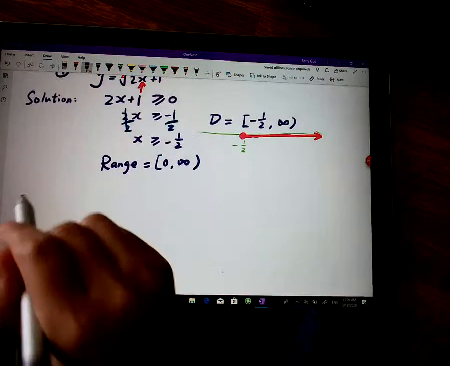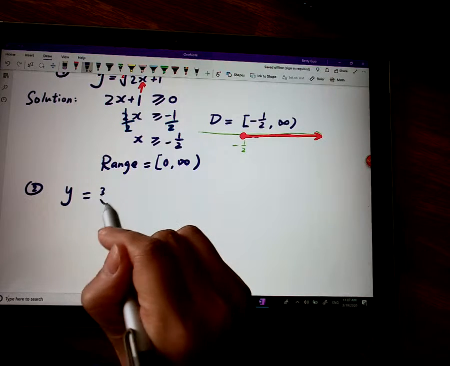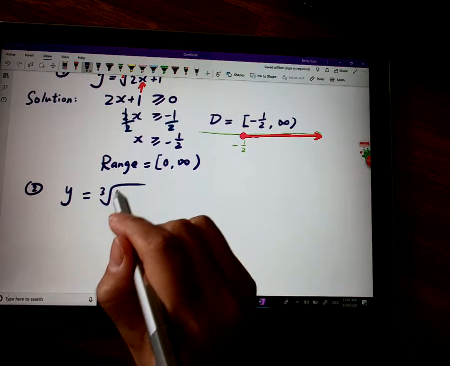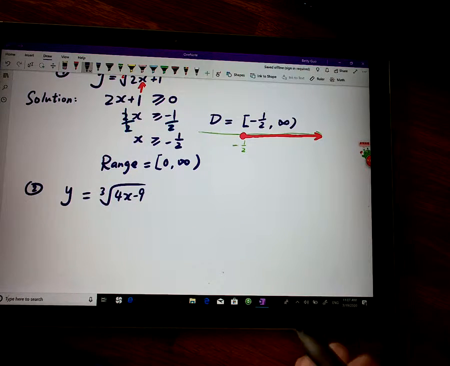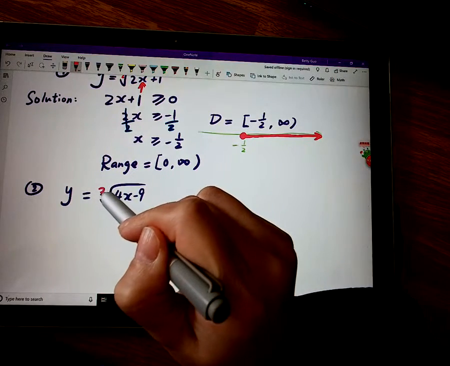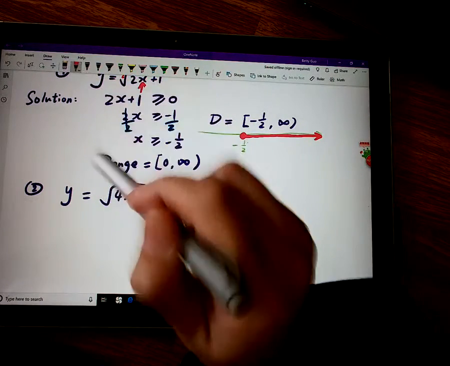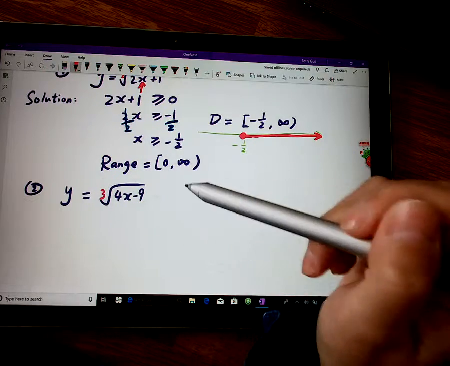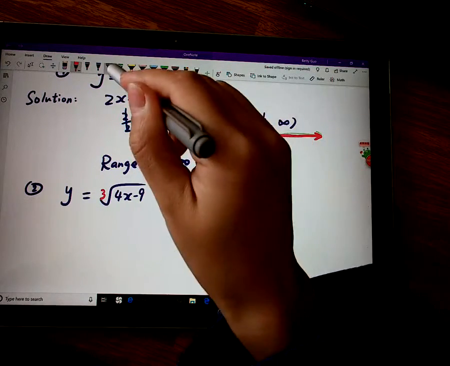Number 2. The function here is a radical function. The radicand is 4x minus 9, but the root number is 3 this time. 3 is odd, right? So how do we find the domain and range? Whenever we need to find the domain, we need to consider the restriction.